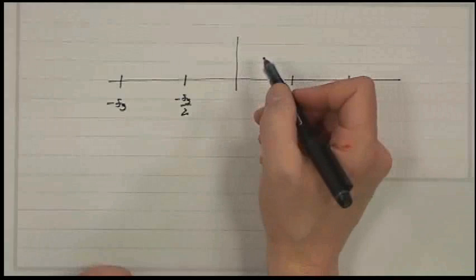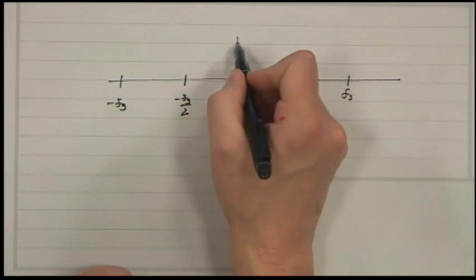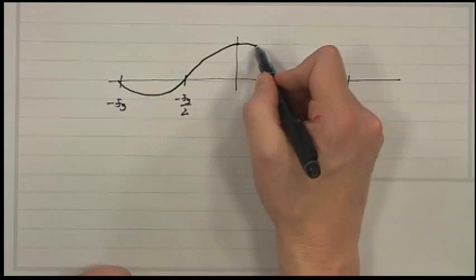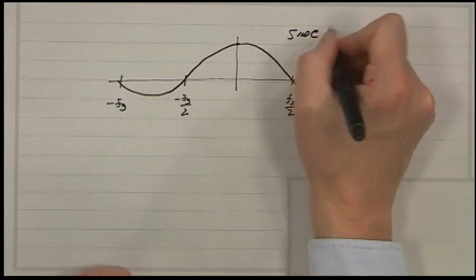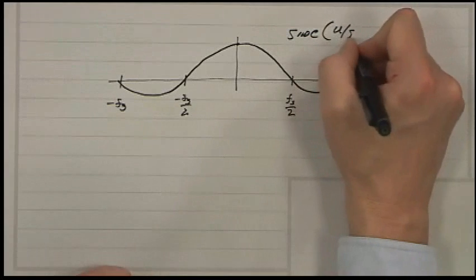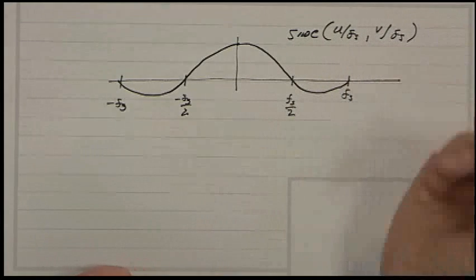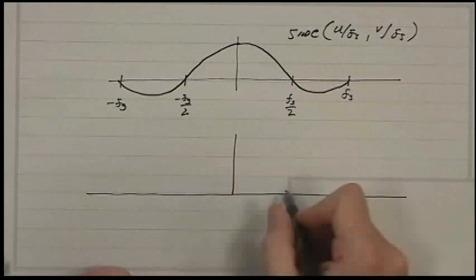The Sinc function then has its nulls at integers. So it's going to have a null here. So this is Sinc of u over fs, v over fs, but we're squaring it. So it looks like this.